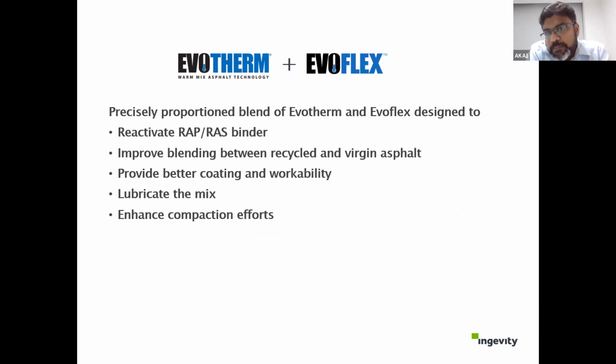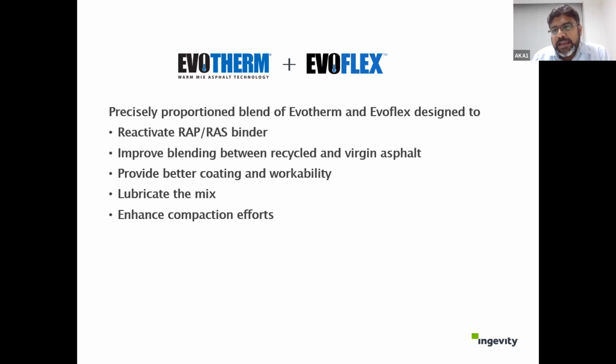Before going into this, I'm just using the names here: Evotherm is a warm mix and Evoflux is a rejuvenator. The recent approach currently being adopted in the US for high RAP is a little bit of warm mix and a little bit of rejuvenator. This is a hot topic for them as of today. The warm mix idea is to improve workability and reduce temperature.